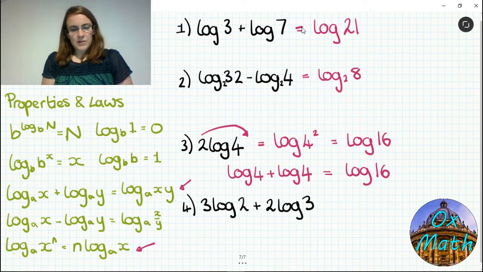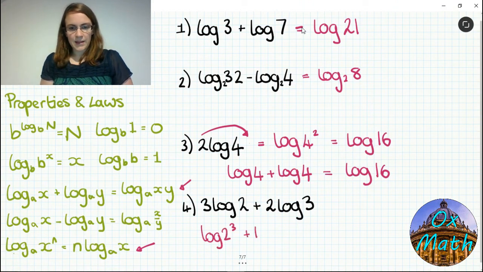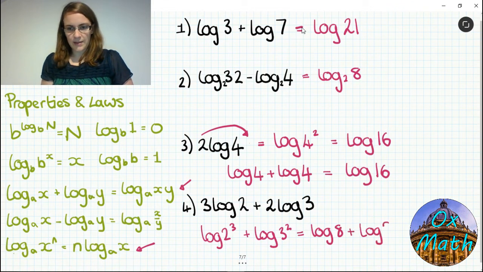3 log 2 plus 2 log 3, we can't just combine those as they are because of these numbers in front, so we need to move those numbers in front up to the power. So 3 log 2 is the same as log 2 cubed, and 2 log 3 is the same as log 3 squared. So log 2 cubed is log 8, and log 3 squared is log 9.